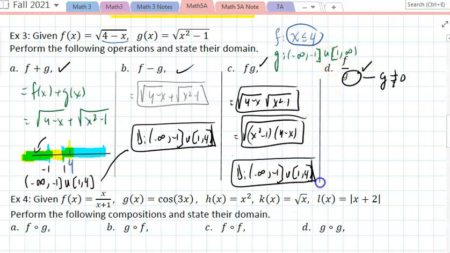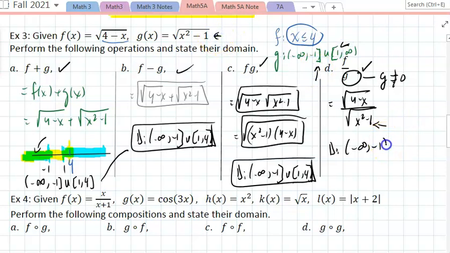And if I take f divided by g, the square root of 4 minus x over the square root of x squared minus 1, the domain is almost the same. I would say negative infinity to negative 1, but I notice the negative 1 comes from g. Since this no longer can equal 0, I would exclude those. Union with, and the 1 comes from g as well, and 4 I will still include.